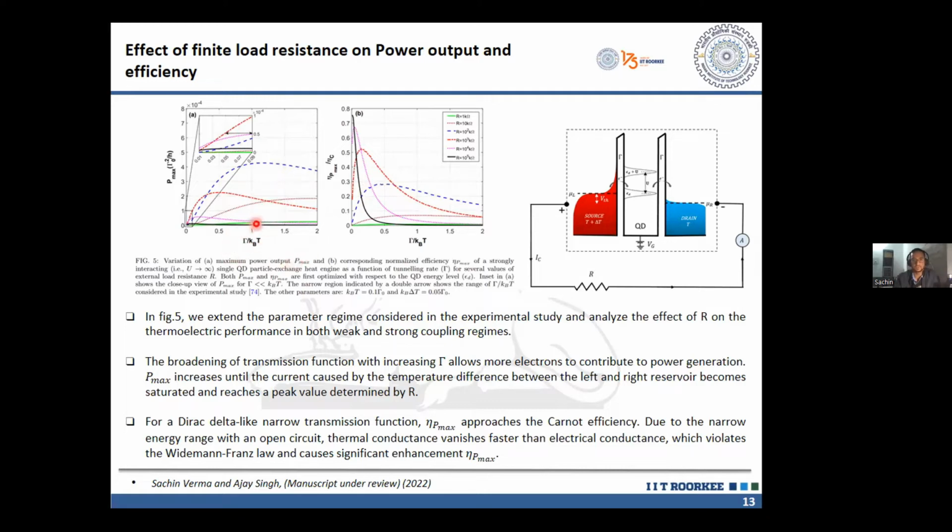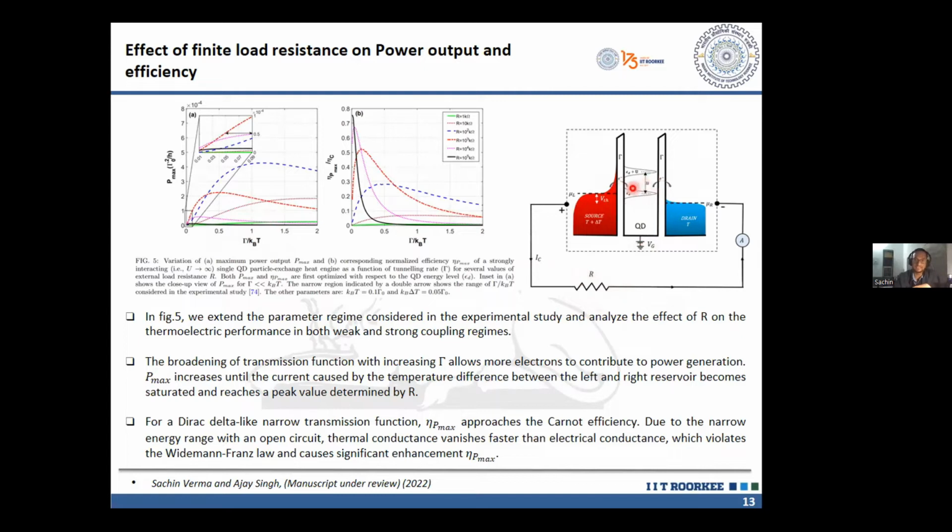So this is due to something called the maximum power transfer theorem. When we increase gamma by kBT, it means that we are decreasing the load resistance, because gamma by kBT is equivalent to the internal resistance of this NQDN device. Whenever there is a matching of the external load resistance and the internal resistance, which is due to this gamma by kBT, then the power output is maximum.